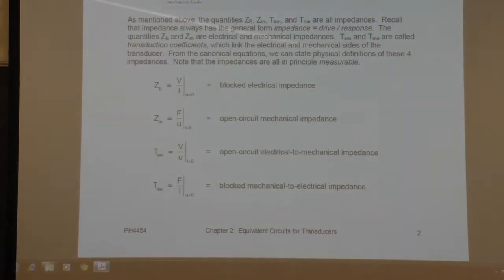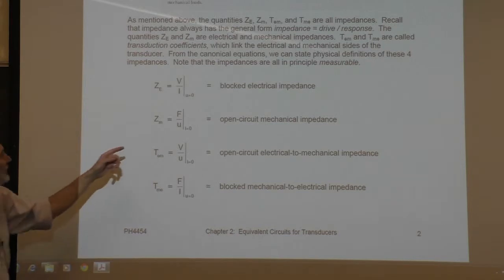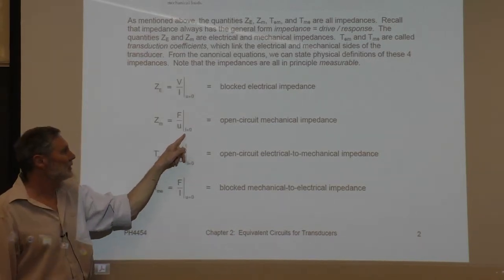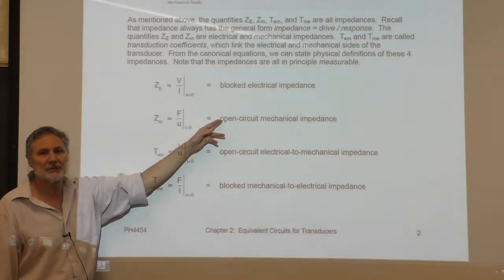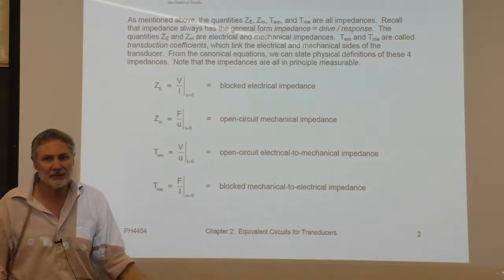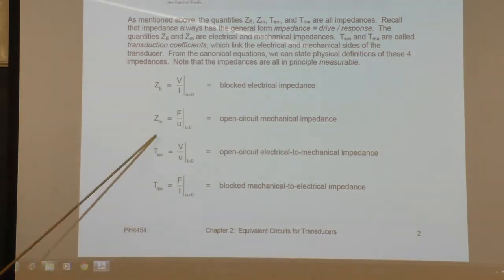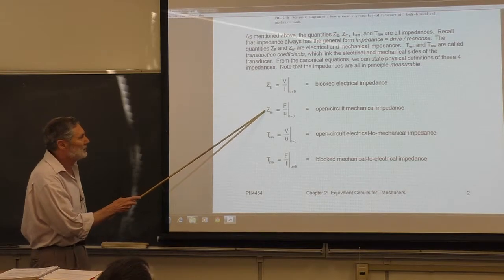We have a name for this condition, for no current: it's called open circuit. When you open a circuit, you can't have any current. So that's the physical meaning of the mechanical impedance.